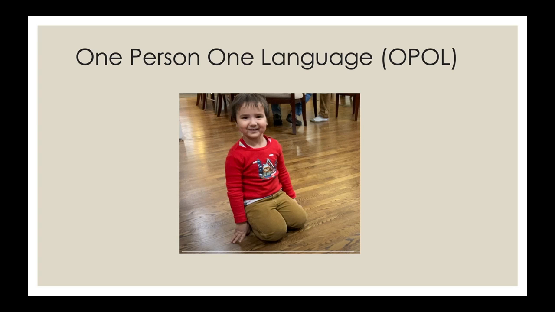This is my son, and in my family, I stick with my son in Mandarin, and my husband sticks with my son in English. My husband is American, so he understands a little bit of Chinese, but he speaks English very well. So I let him stay in English with my son.